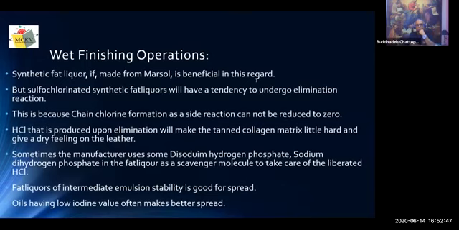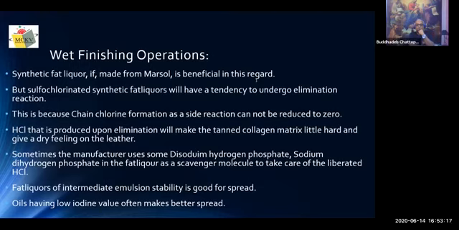When you talk about this, naturally it goes to synthetic fat liquor. If synthetic fat liquor is made from Marshall, which is mostly a straight chain, it is beneficial in this respect. But when you go for sulfur chlorinated synthetic fat liquor, it will have a tendency to undergo elimination reaction inside the leather, in situ. This is because the chain chlorine formation as a side reaction of sulfur chlorination cannot be reduced to zero.